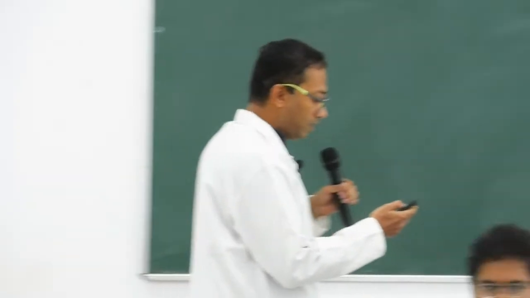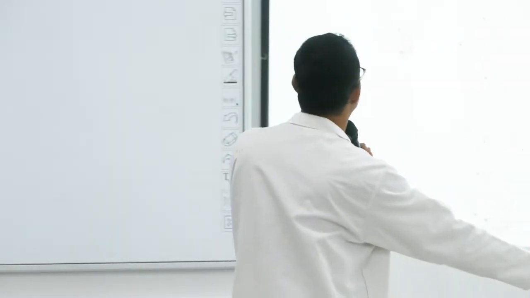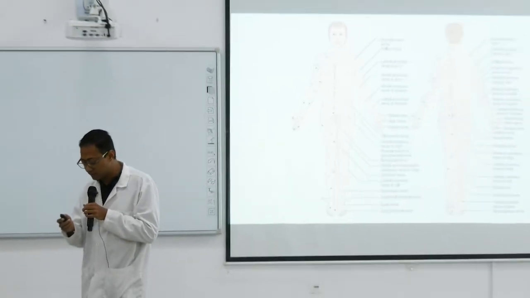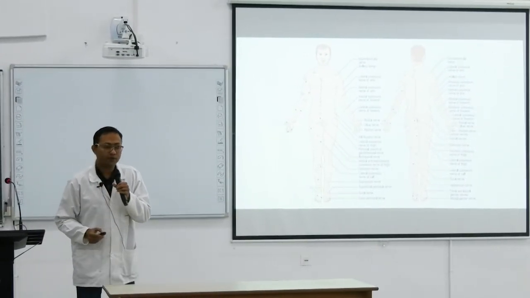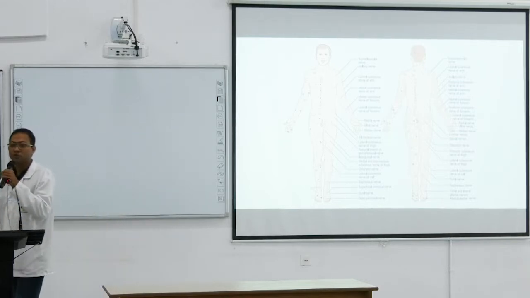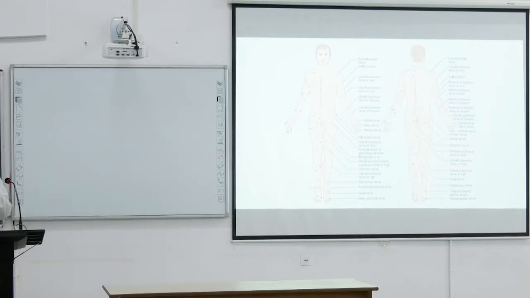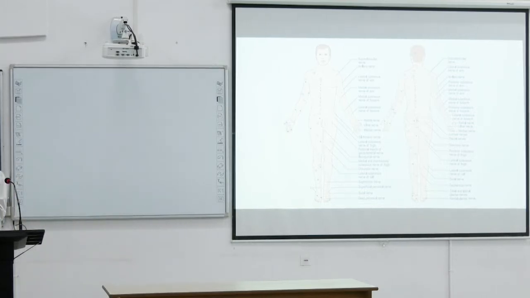Now, for sensory system examination, what you need to remember, not everything but a few points, is your dermatomal distribution. For example, I need to examine the tactile sensation of this patient at the C4, 5, 6, C8, T1 distribution.